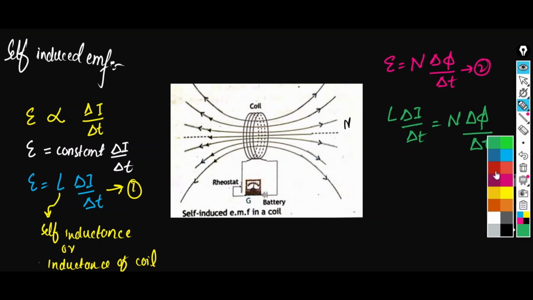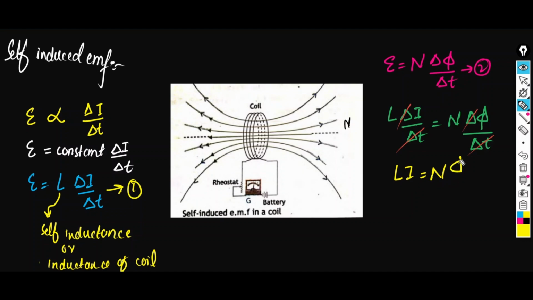Here the del by del t on both sides will cancel out, and this will become L I, which is equal to N phi, the magnetic flux.